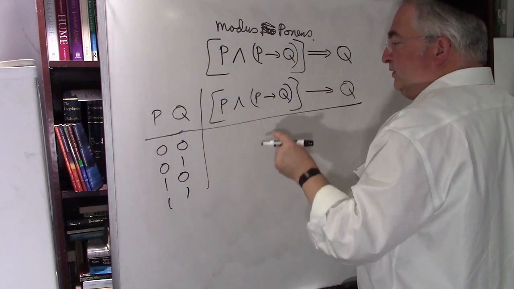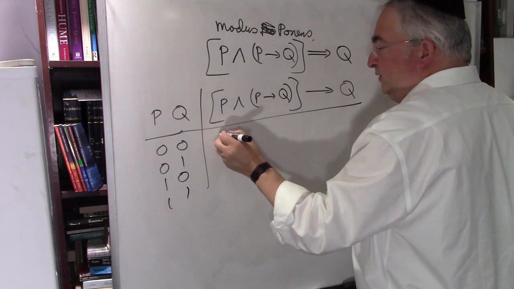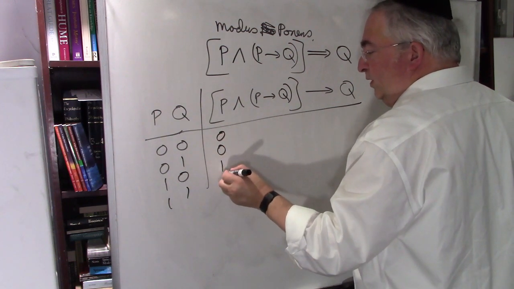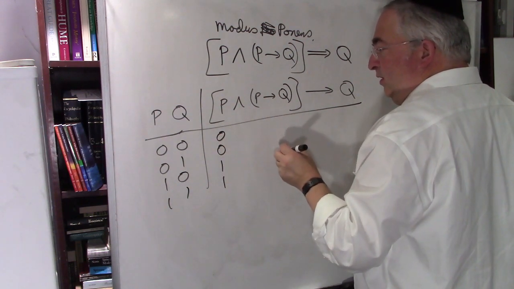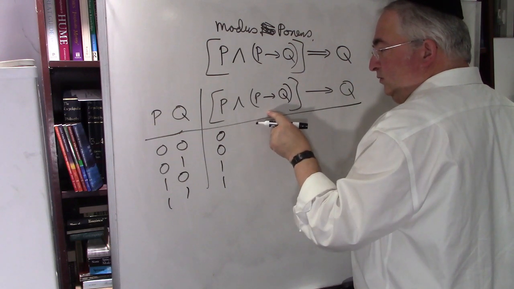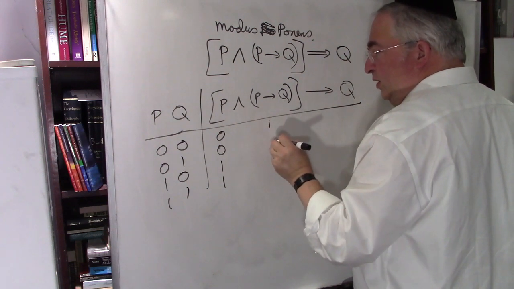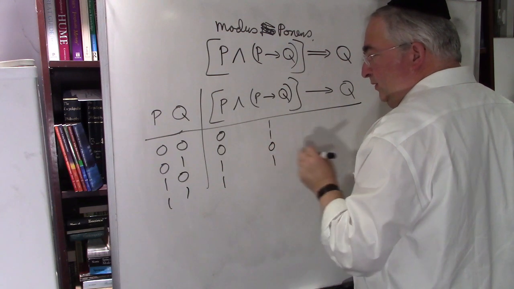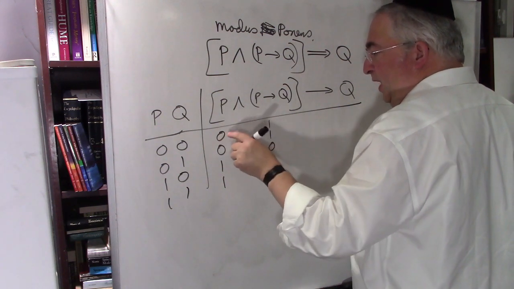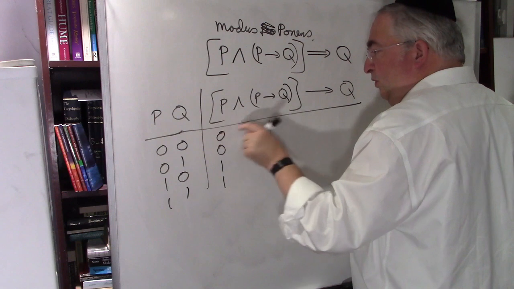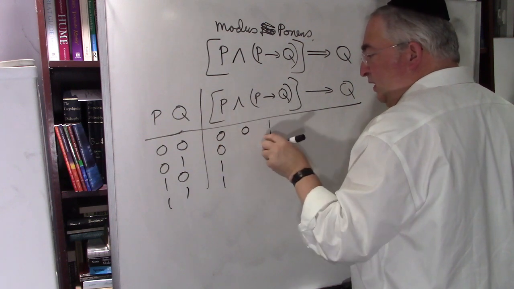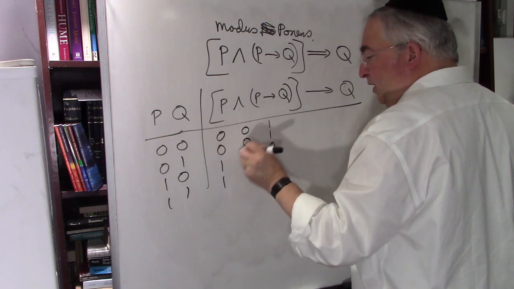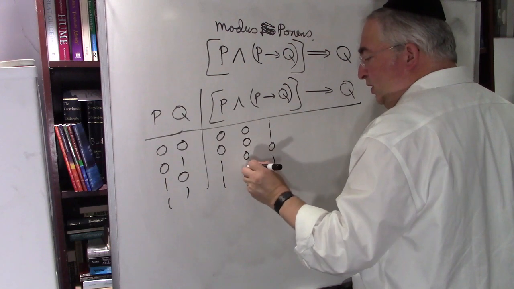P arrow Q is 1, 1, 0, 1. Now let's do AND of it. 0 and 1 is 0. 0 and 1 is 0. 1 and 0 is 0. 1 and 1 is 1.